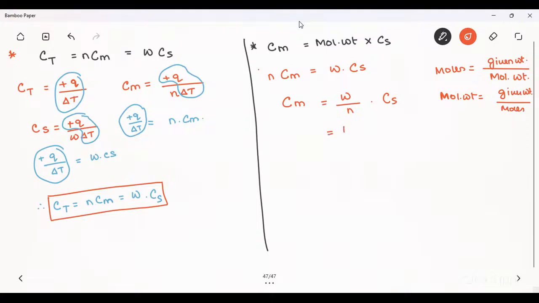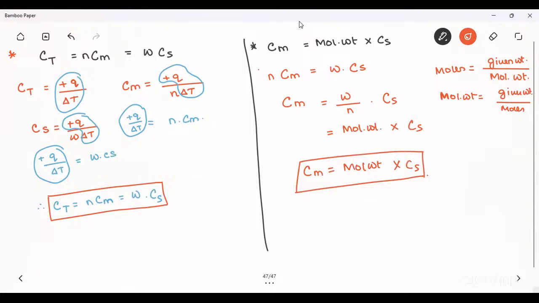So this is the molecular weight into CS. Hence proved. CM is equal to molecular weight into CS. This is another important formula. Are these two derivations clear?